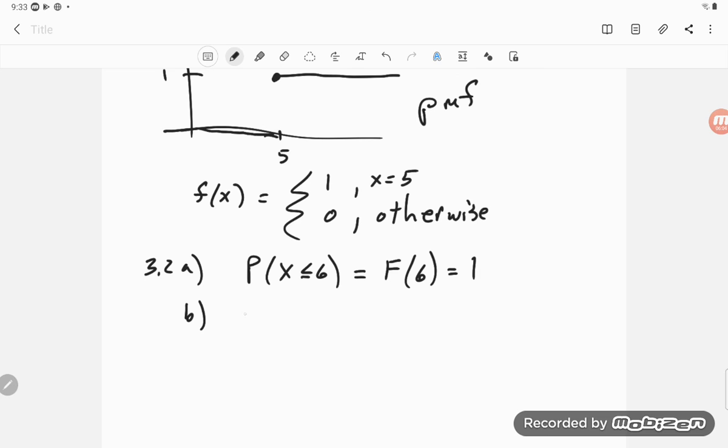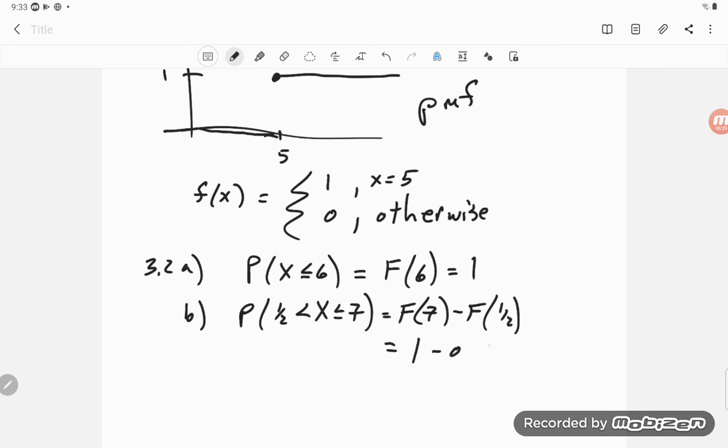And in part B, they wanted what's the probability that 1/2 is less than x is less than or equal to 7. And so that's f of 7 minus f at 1/2. And so that's 1 minus 0, and it's 1.